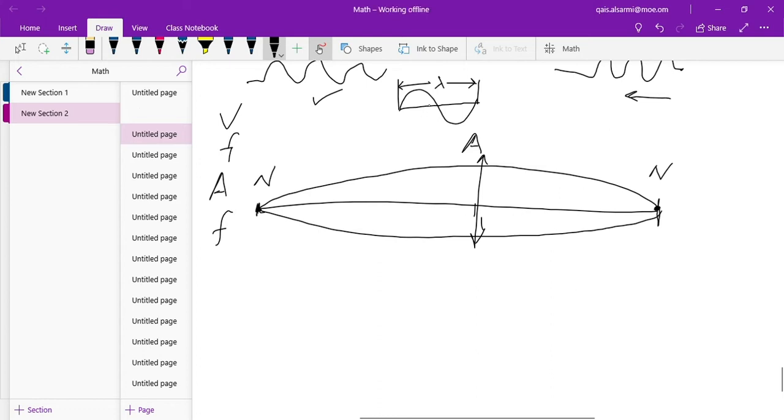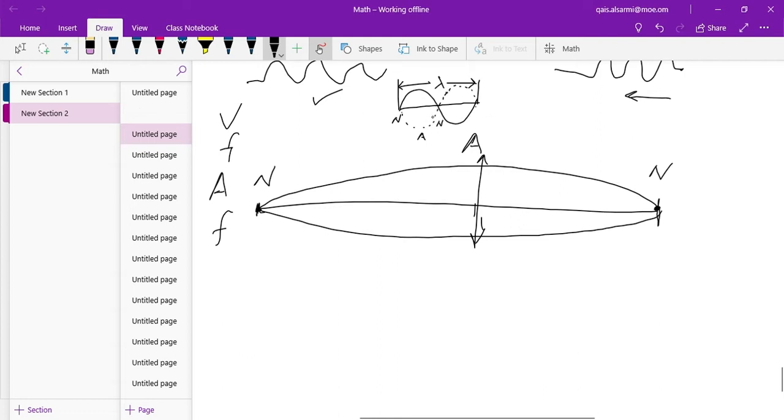Now if this is a standing wave, then you can see the string vibrating up and down in two loops: node, antinode, node again, and so on.